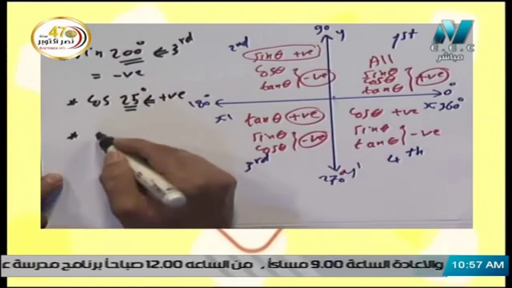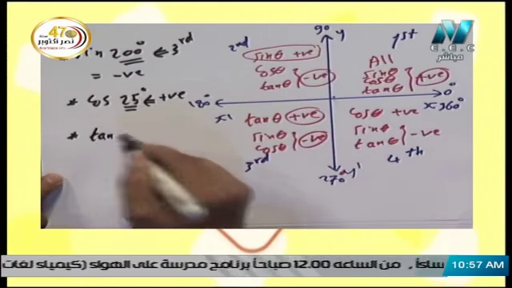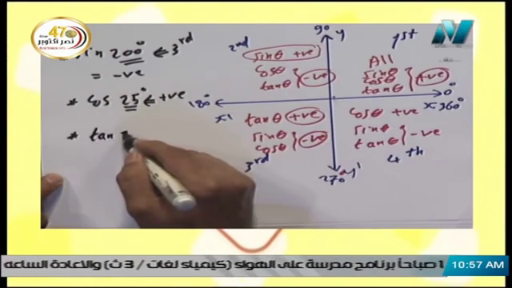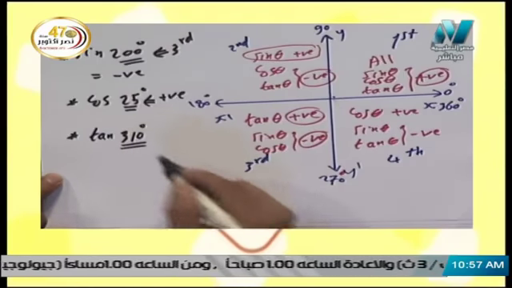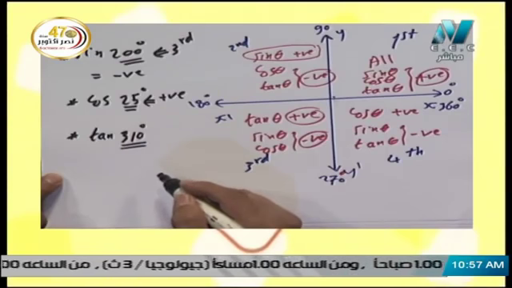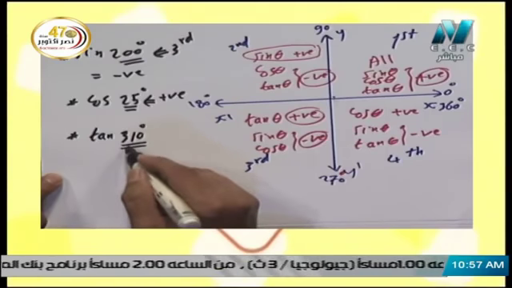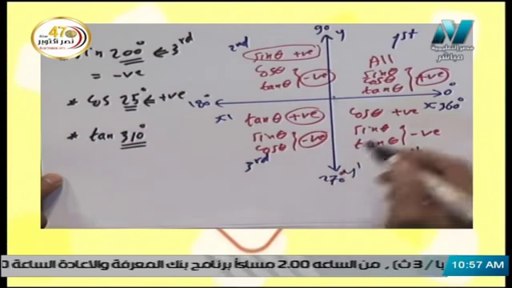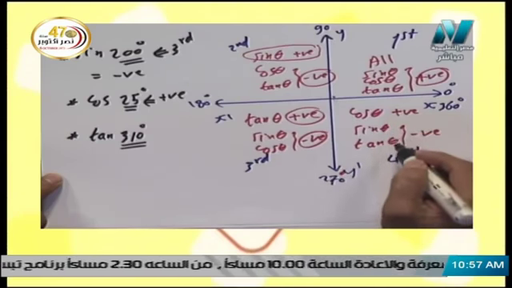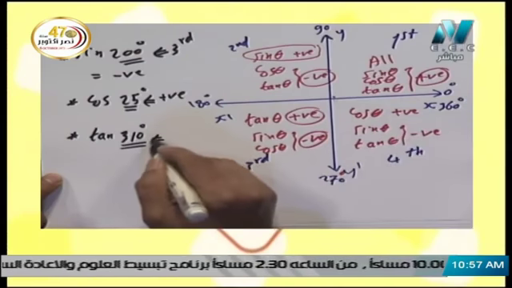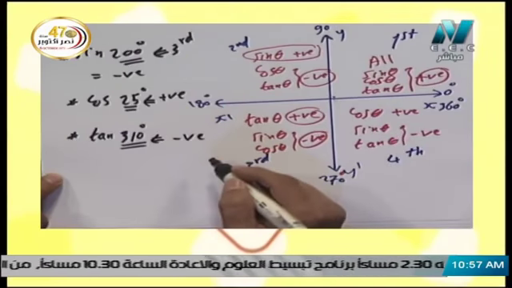If one asks us about 310 degrees, where does 310 degrees lie? It will lie in the fourth quadrant. So the sine in the fourth quadrant is negative, so this function will be negative.